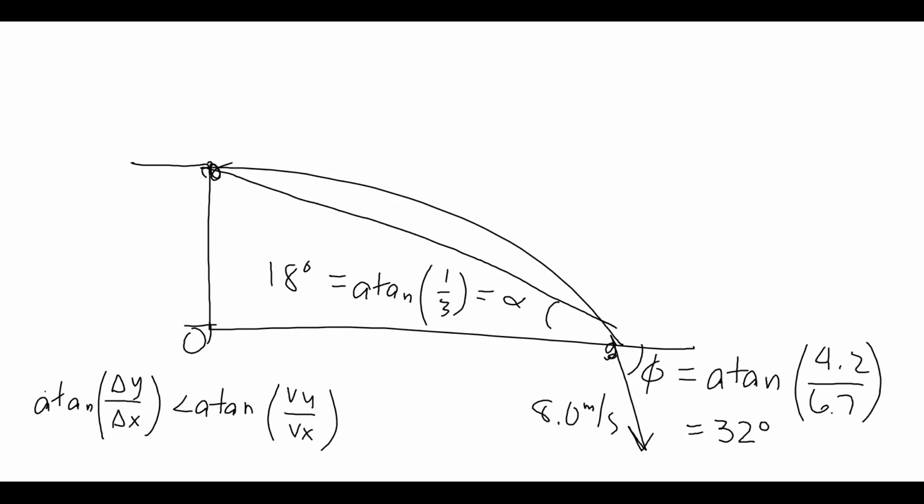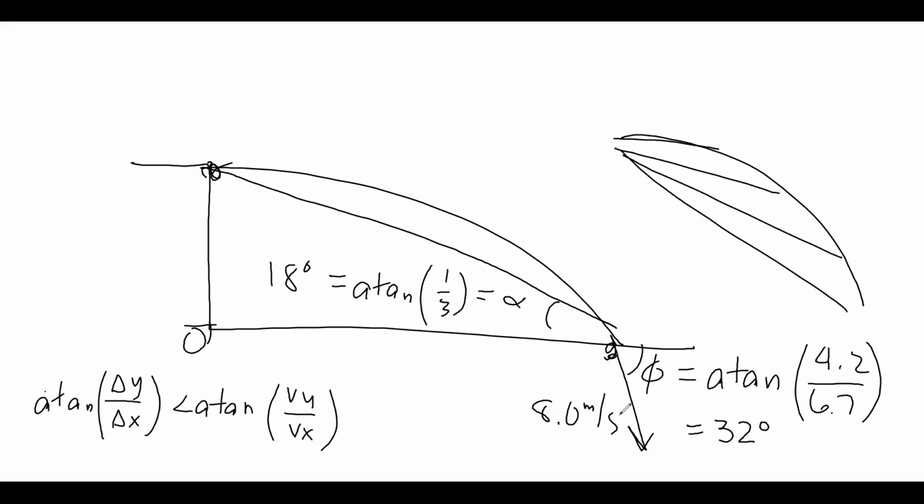Makes sense? Because this is the secant line that connects the position vectors. It's always under the trajectory, and so at every stage, that angle is going to be smaller. Since the trajectory is always above the secant line, if you draw a parabola, these secant lines are always under the parabola.